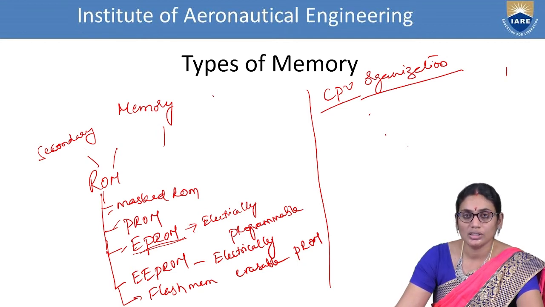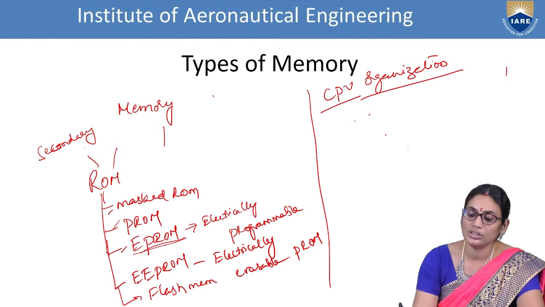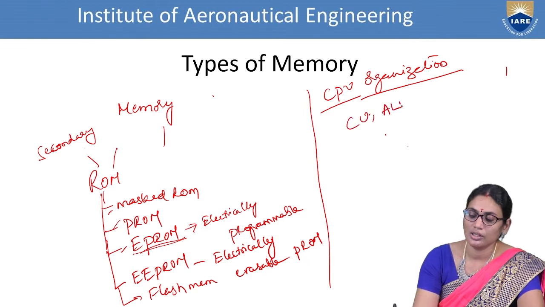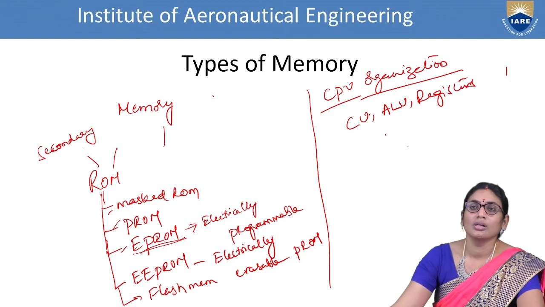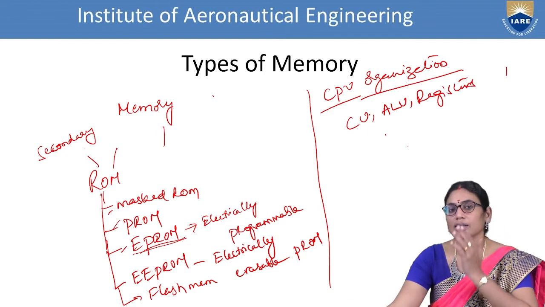So we are looking at the key functional units used for handling this. CPU organization is majorly concentrated on three basic units: control unit, arithmetic logic unit and the registers.